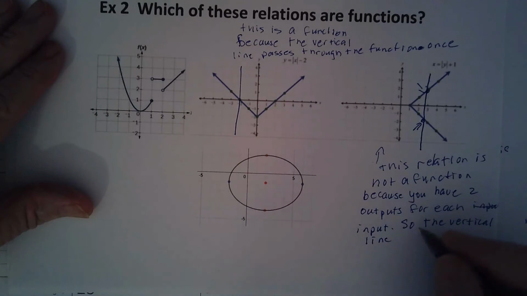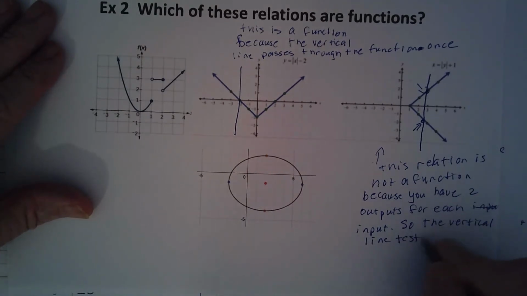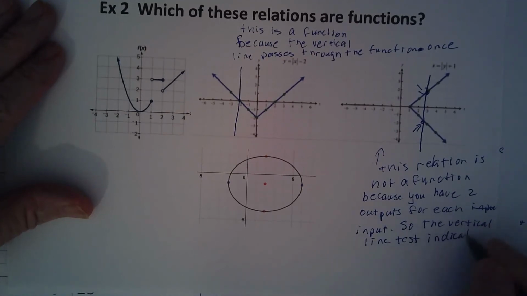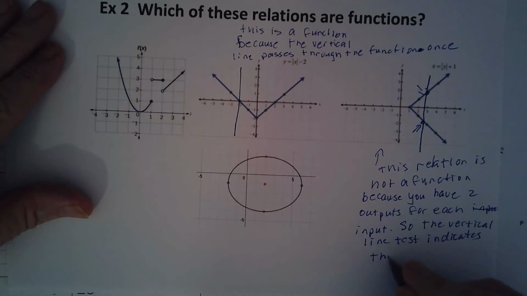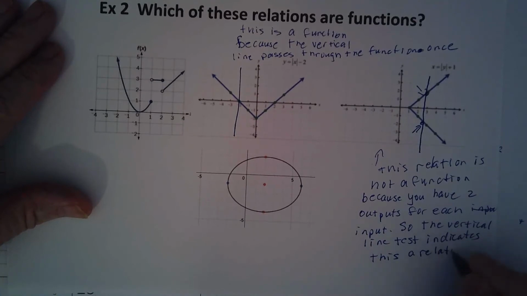Well, the test itself doesn't fail, but the vertical line test indicates this is not a function. So what is it? It is a relation again. This is a relation, but not a function.